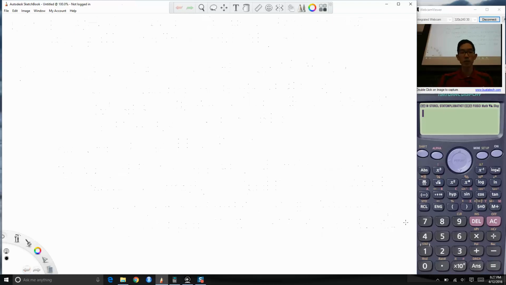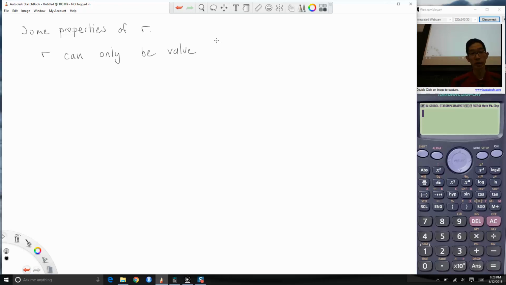Okay, so some properties of R. R can only be values between -1 and 1 inclusive. Okay.